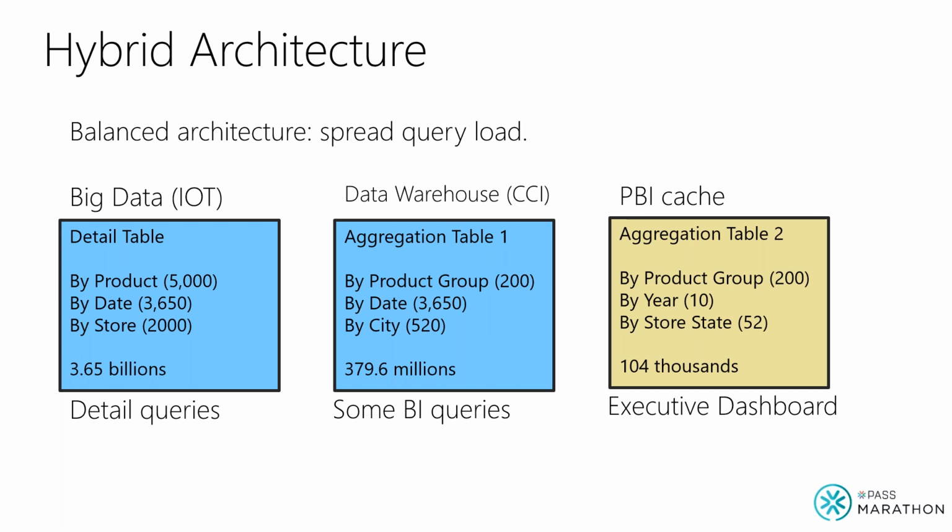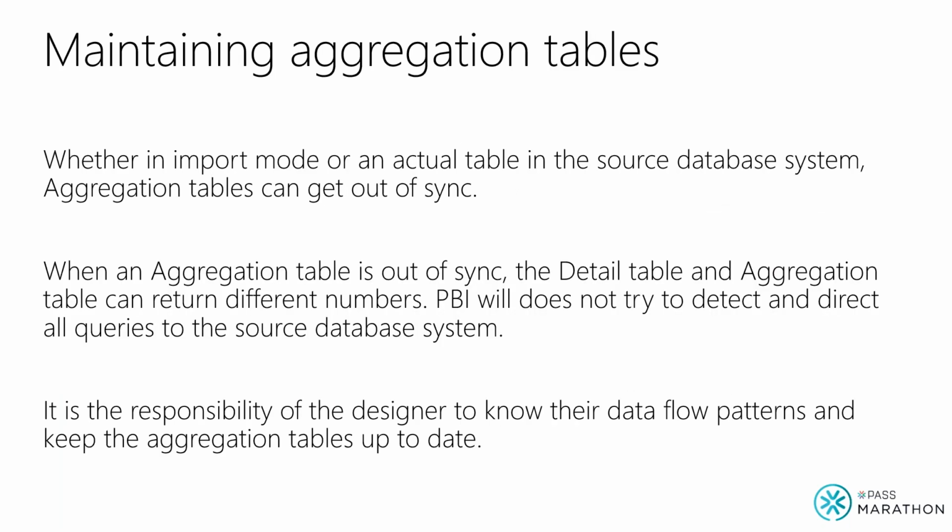You have some tables in there. There's still several 100 million rows. And then at the third level, you have Power BI cache, where it's going to answer those executive queries super fast. And regardless of how you create an aggregation table, you always have a maintenance that goes with it.